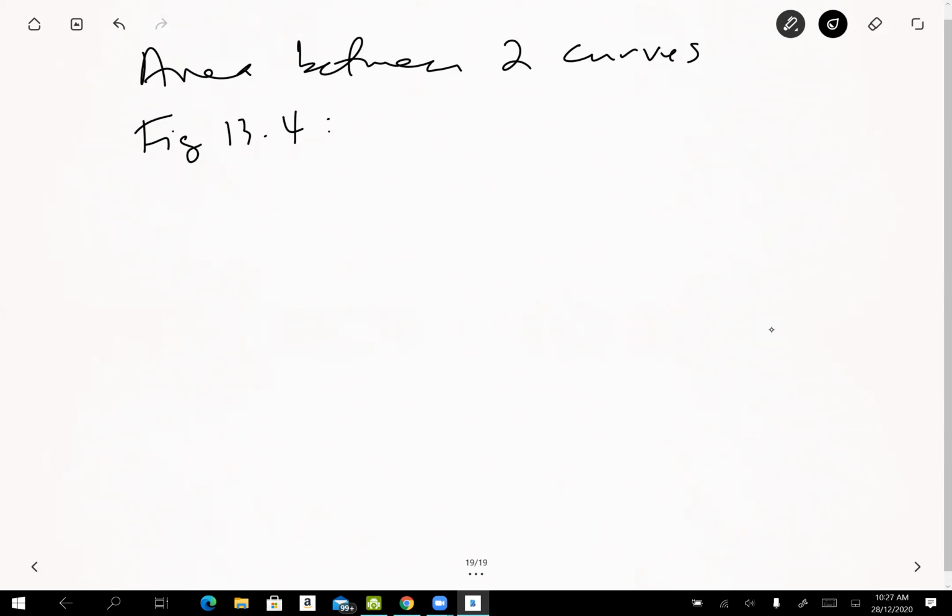Now, you have another line, that is g of x. You don't want the area A anymore. What we want now is the area between the two lines.